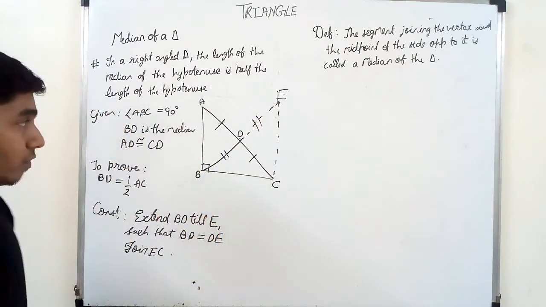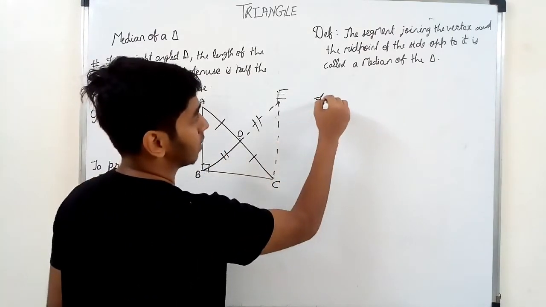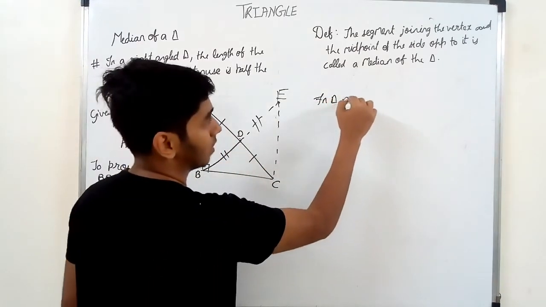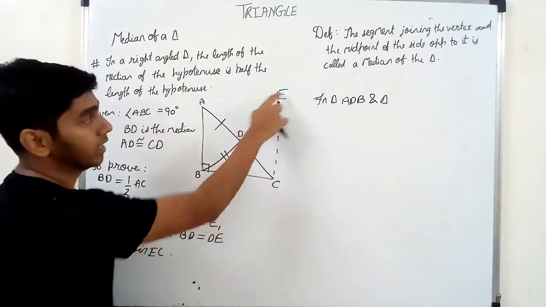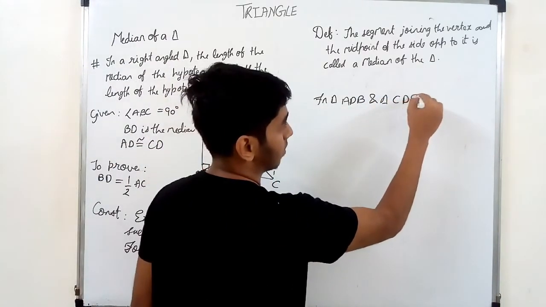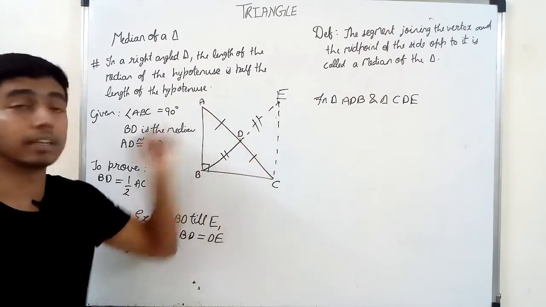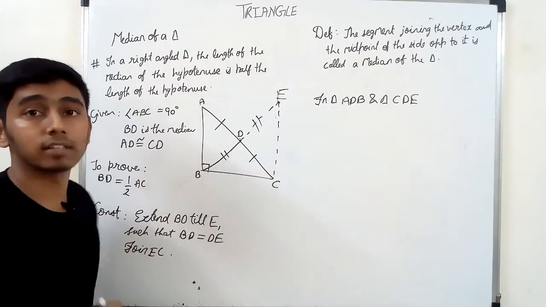Now let's see the proof. Consider these two triangles. In triangle ADB and triangle CDE, we have considered these two triangles. Now we'll try to prove these two triangles congruent.